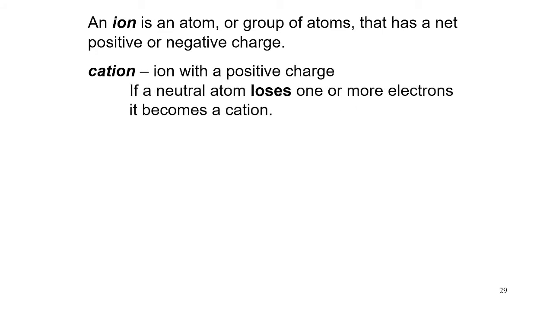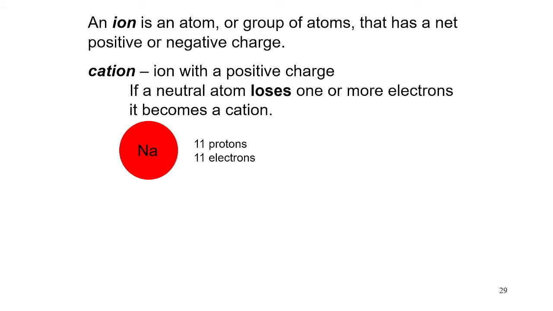So we have two types of ions. We have here the cation. This is the neutral atom that loses one or more electrons. Kaya siya nagiging positively charged. Okay? So, an example here is sodium. Okay?